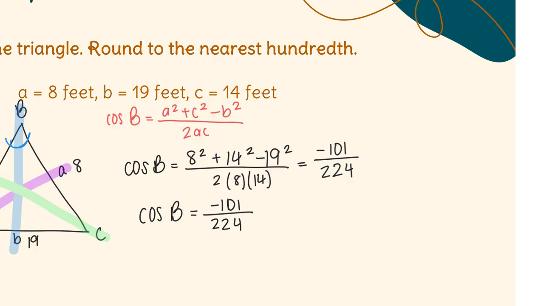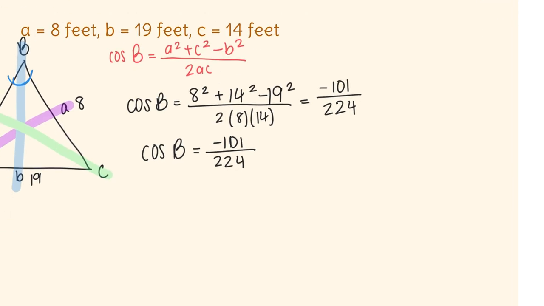And keep in mind, I'm solving for my angle. So when I'm solving for my angle, I have to use the inverse. Okay, I have to use the cosine negative 1. So now I'm plugging in cosine negative 1 times negative 101 divided by 224.